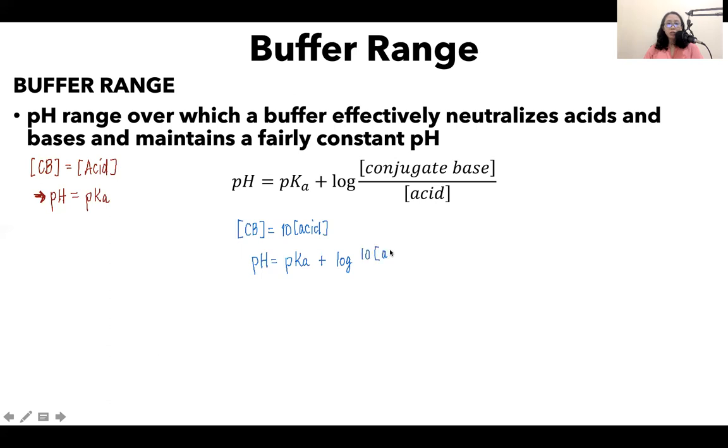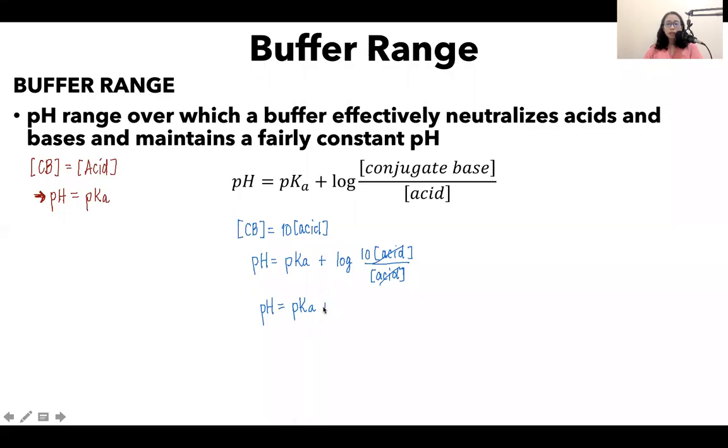So we replace the concentration of the conjugate base with 10 times the concentration of the acid, and we can cancel out the concentration of the acid, and we are left with logarithm of 10. And what is the value of logarithm of 10? It's equal to 1.